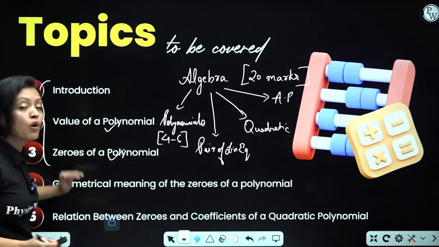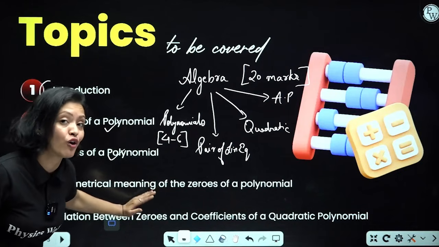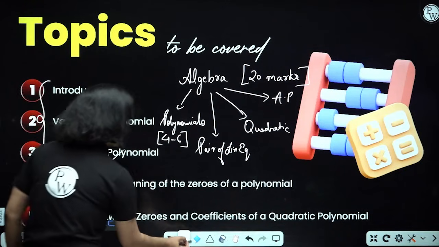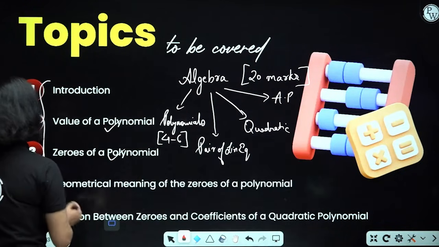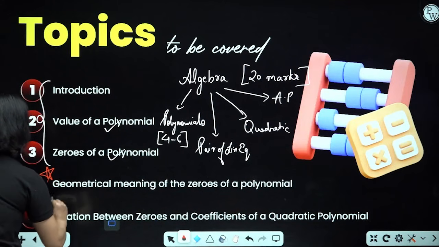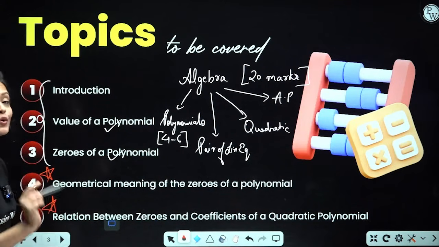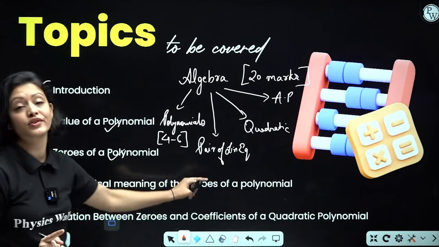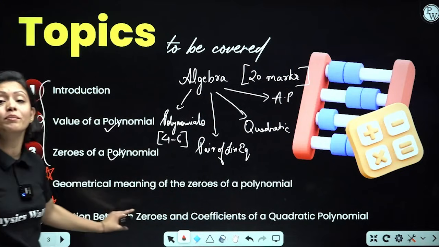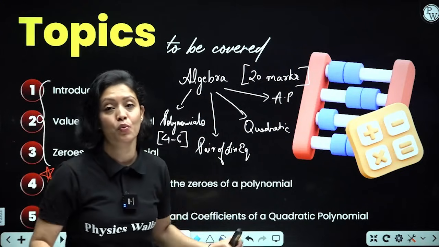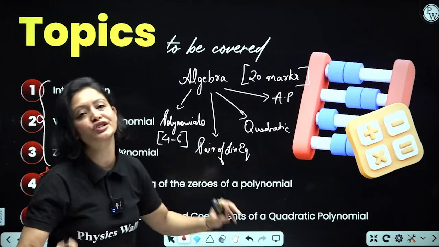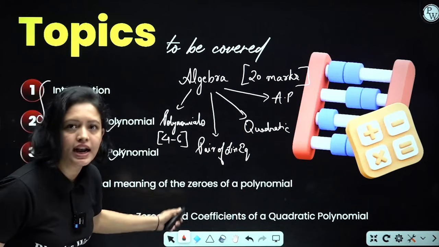Now comes the most important topics of the polynomial chapter, which are the geometrical meaning of the zeros of the polynomial and the relationship between zeros and coefficients of a quadratic polynomial. Now, these 2 topics you have to prepare well because you'll for sure get questions from these 2 topics. Got it? Understood?